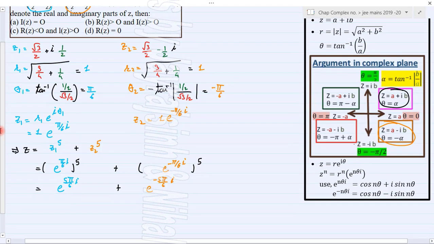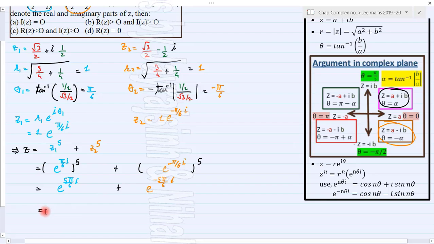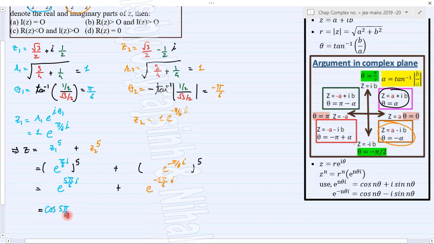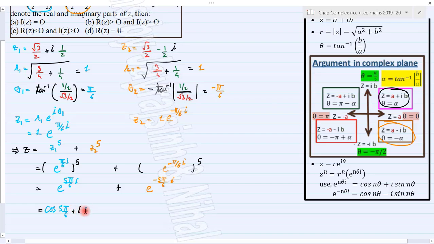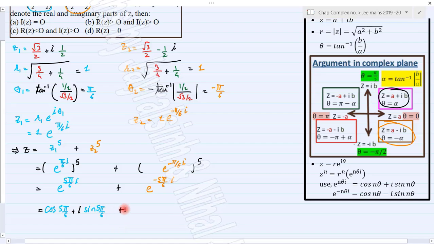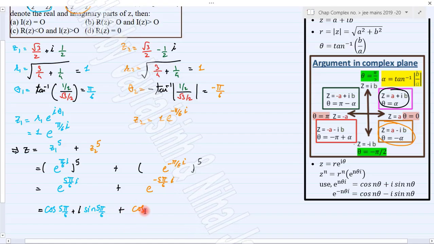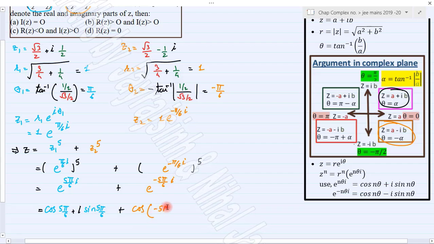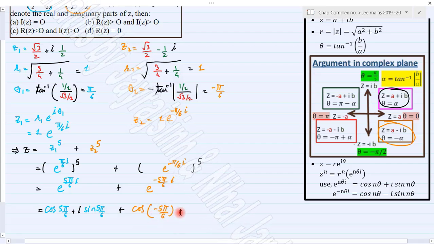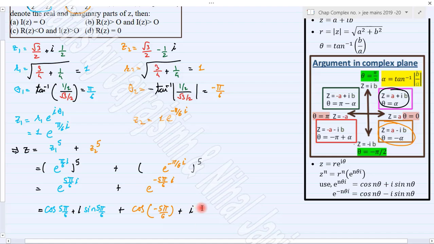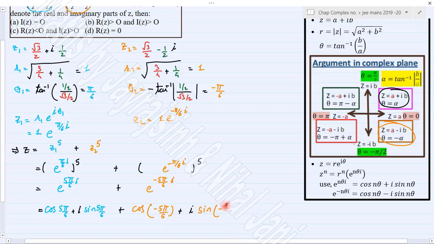Now let's convert into polar form. So we'll get cos 5 pi by 6 plus i sin 5 pi by 6. Similarly, the second term will be expanded as cos minus 5 pi by 6 plus i sin minus 5 pi by 6.